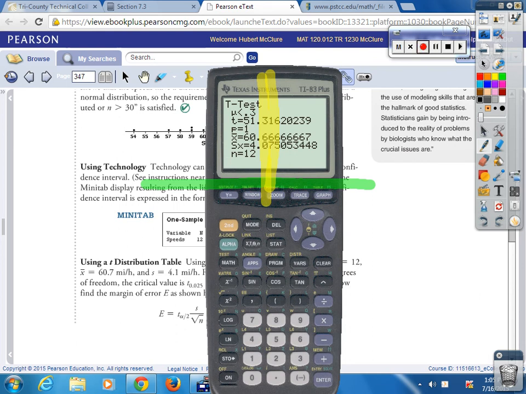So we got to go find t, but we know our s, we got that right here, 4.075, and n is 12, so 4.075 and 12.